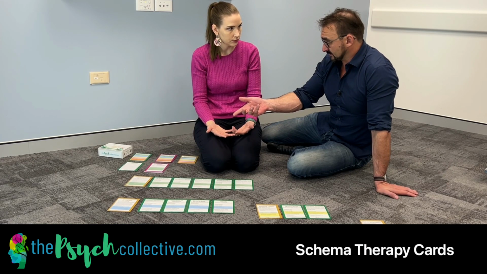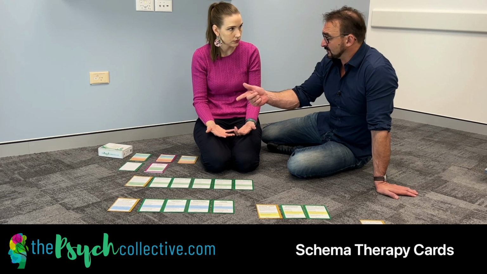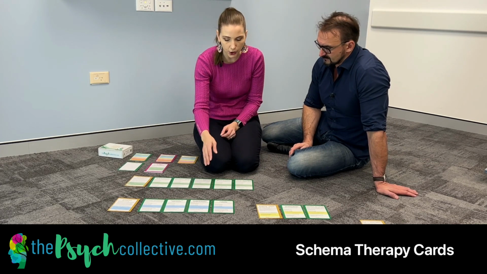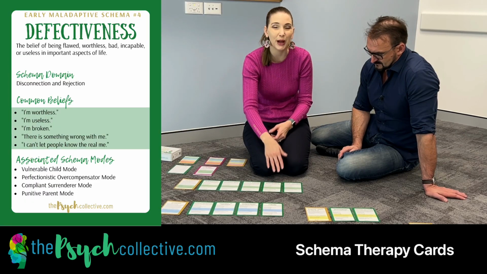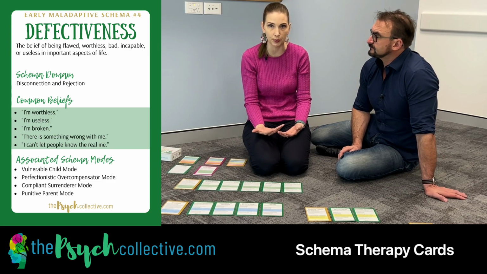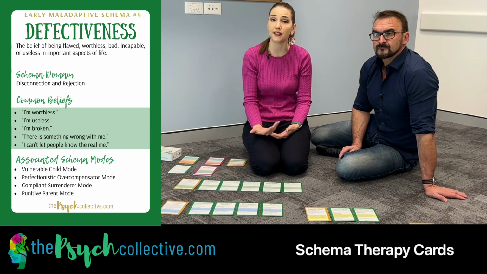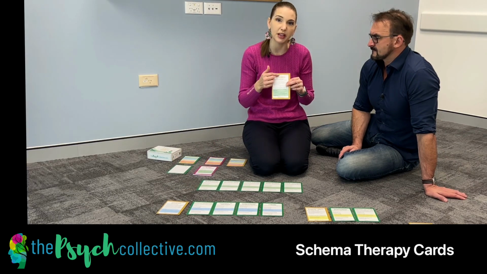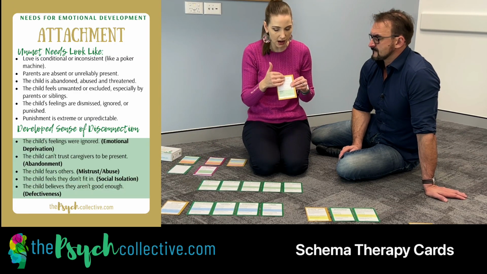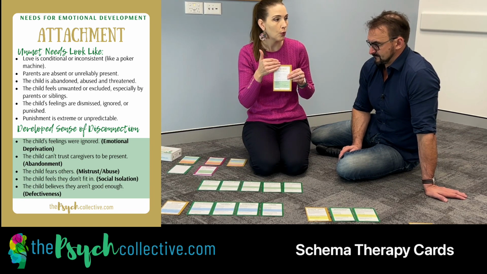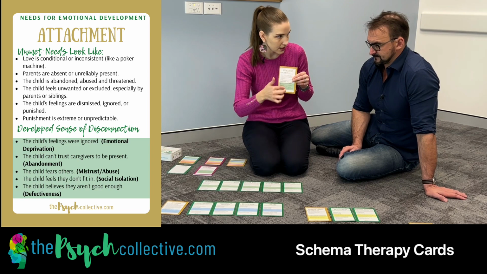Then you can look at whether this need was met, and does that explain it? Usually I'll say to someone, you've got a defectiveness schema, and people often develop a defectiveness schema because they didn't feel secure in their attachment at home. When they were growing up, maybe they didn't feel wanted, or worthy, or like they had a place within the home, and that tells me the attachment needs were not met. So this is the what, and this is the why. Why you developed this is because these needs weren't met.